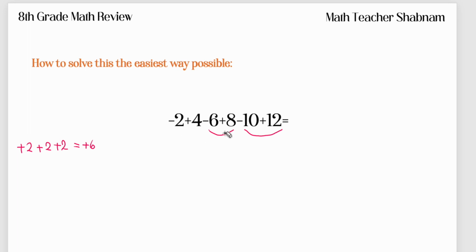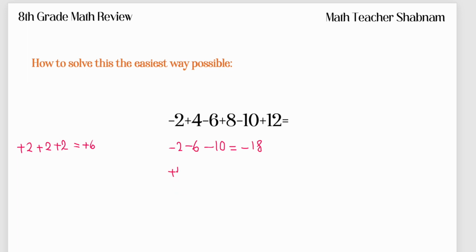Another method is to add all the positive numbers and all the negative numbers. For instance, we can have negative 2, negative 6, and negative 10 added together. Now, negative 2 and negative 6 is negative 8, with another 10, that's negative 18. Now let's add all the positive numbers together.